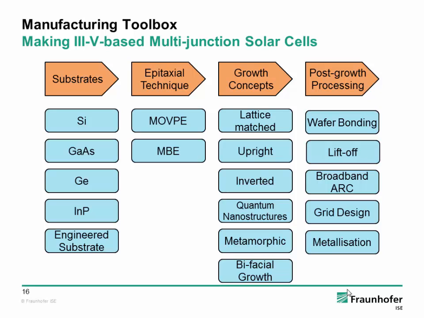You see here that the variety has really increased over the last years, in what materials we can use and also in terms of epitaxial methods. The majority is still metalorganic vapor phase epitaxy, and then we have different growth concepts, which we all have under investigation, and we really combine them to get the highest efficiency. In what follows, I take out some examples to explain a little more in detail. Unfortunately, I do not have the time to go through all the different technologies.